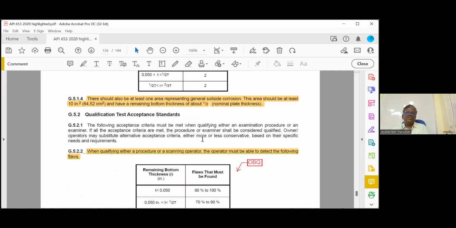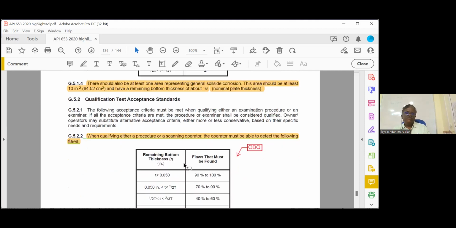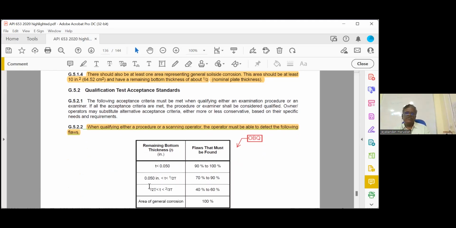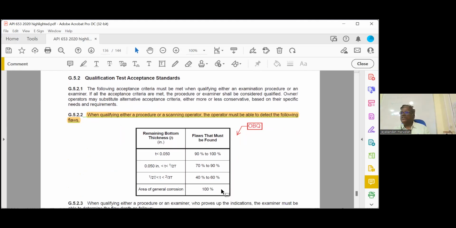Then how much percentage is required to evaluate? Suppose the thickness is less than 0.05, he should be able to find 90% to 100% of the pits. Open book question, this table. 0.05 to half T, 70 to 90%, half T, 40 to 60%. General corrosion, you have to find 100%.